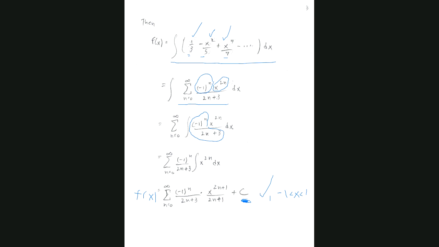Here's one thing I'll point out. You get this answer, and let's say it's a multiple choice question, yet you don't see that answer in the list of choices. Maybe some of the choices have n starting at 1 instead of 0.